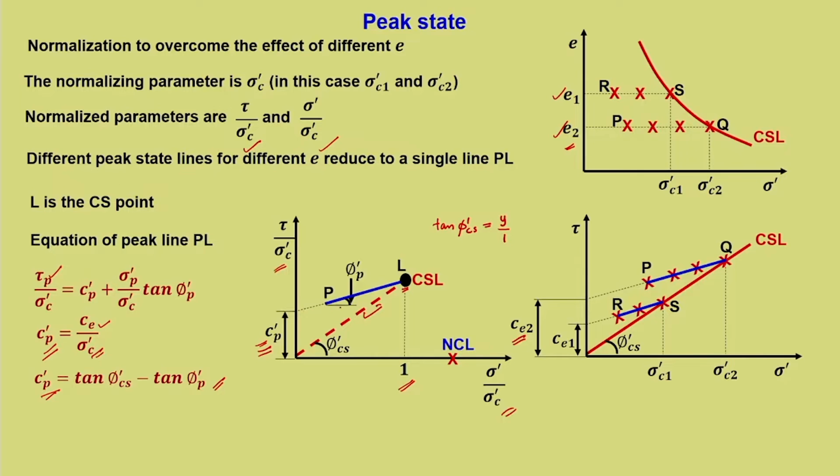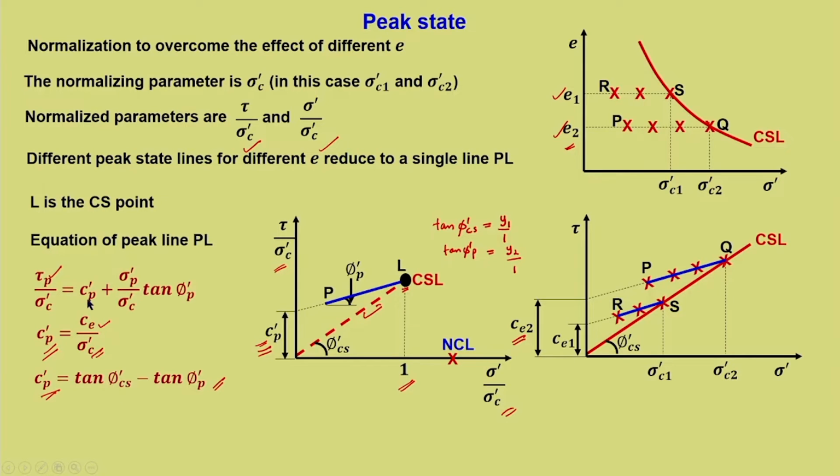And similarly, if you consider this particular triangle, we can write tan phi dash P. Let us call this as y1 and this will be y2 by 1. So, y1 is equal to tan phi dash CS, y2 is equal to tan phi dash P. So, in short, what we are writing is C dash P is equal to y1 minus y2. That means that is tan phi dash CS minus tan phi dash P.